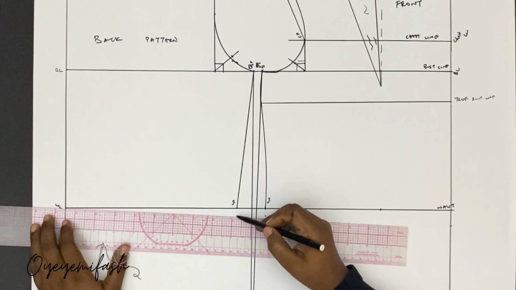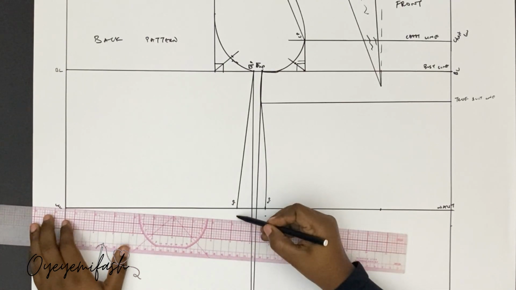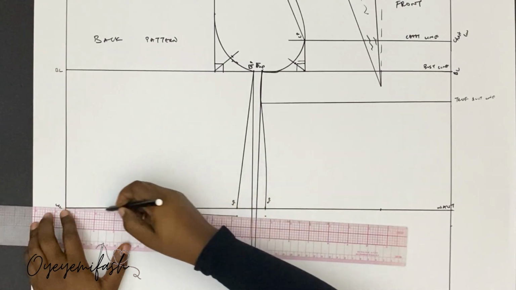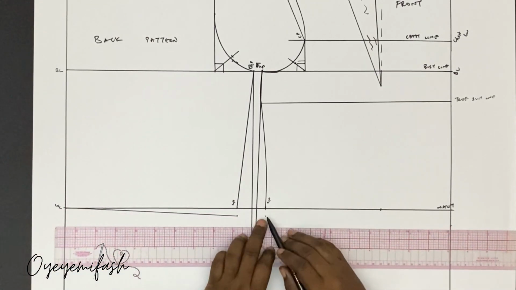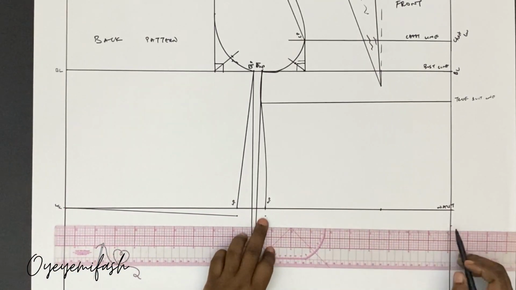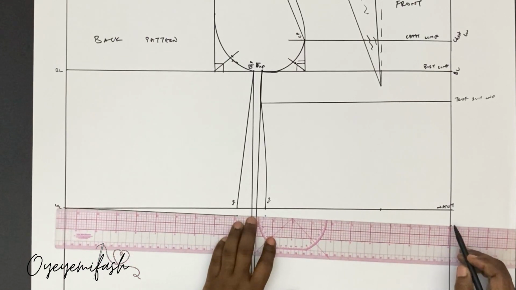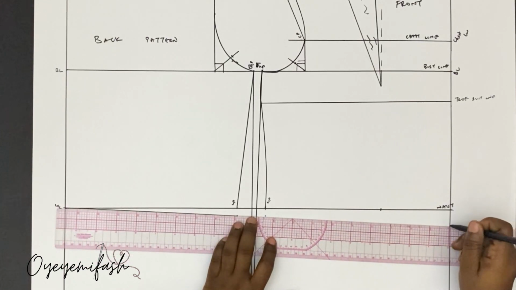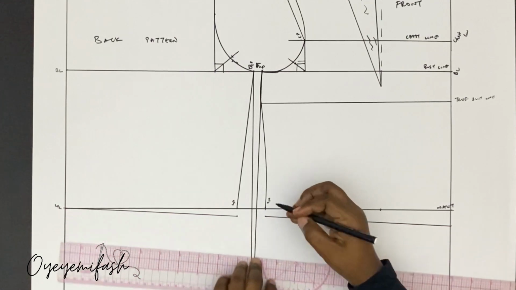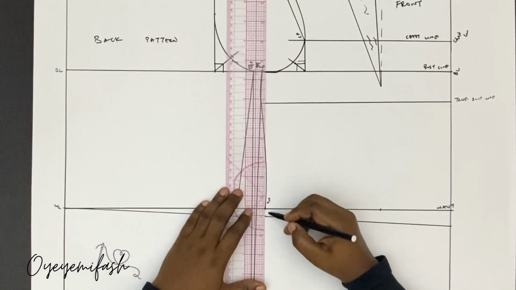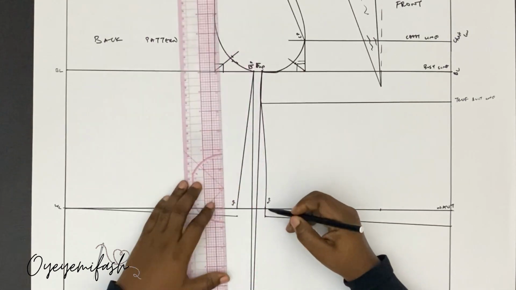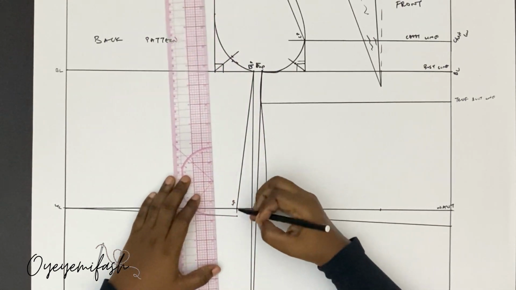I'll connect the lower waistline on the back pattern from this point to the original waistline at center back. While for the front pattern, I'll connect the 1 centimeter lower point to the 2.5 centimeter on center front. And then connect the waist point to the lower waistline like so. Then also connect this.